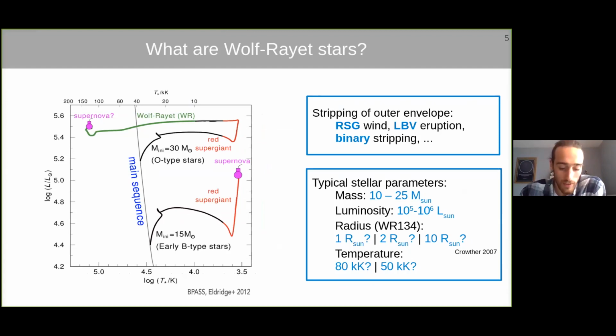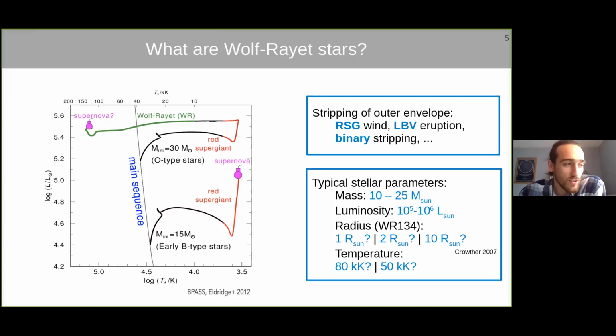So the formation method is not per se known, but we know that there has to be some moment in the star's life where it's stripped of the outer envelope. And then the star will go to the left, hot side of the HR diagram and be a Wolf Rayet star for a while.